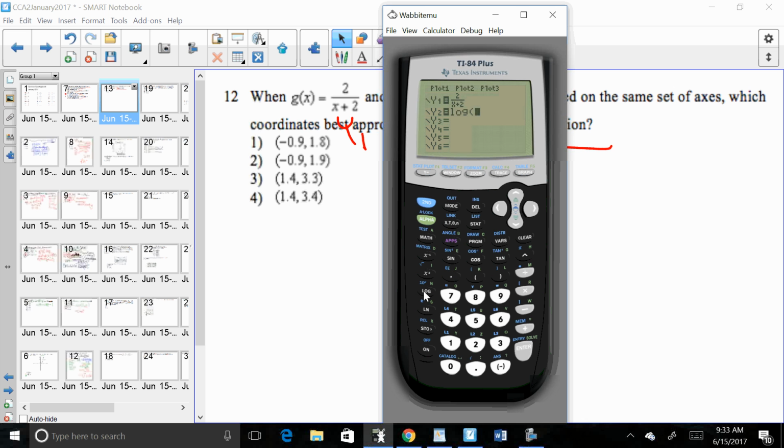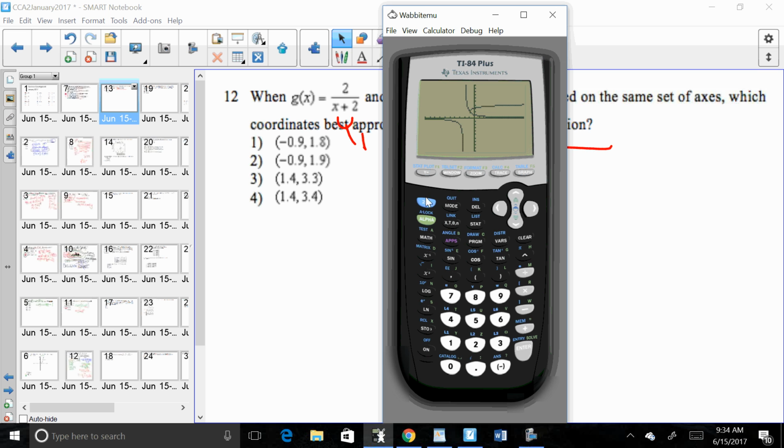I don't need a log base here because there is no log base. Could you be fancy and do log base 10? Sure. I'm not very fancy though. Plus 3. I always start off with zoom 6. If zoom 6 gives me nothing, then I go to zoom 0, which is zoom fit. This gives me everything I want to see. Are they going to intersect outside this window?